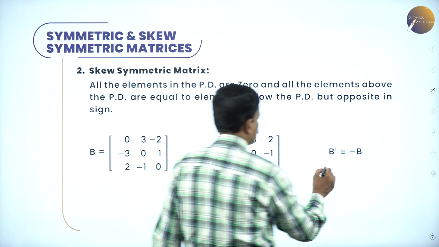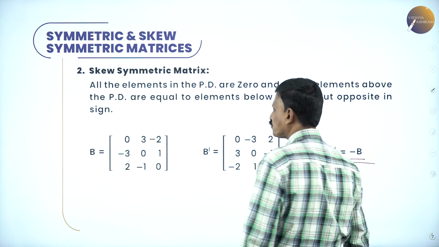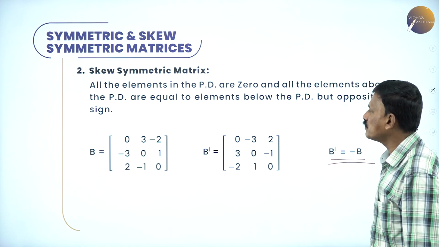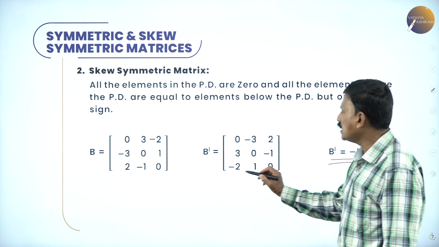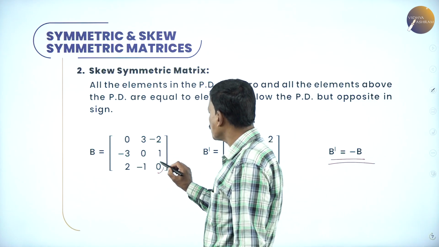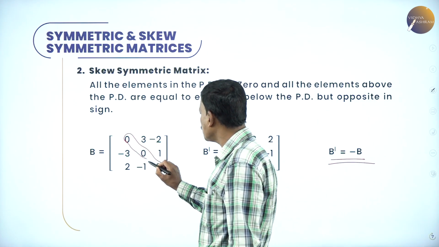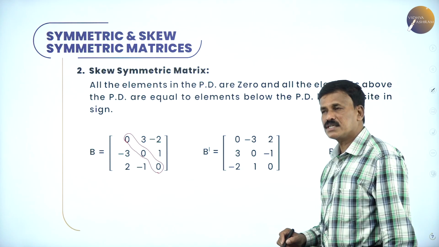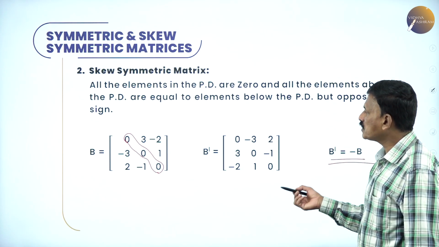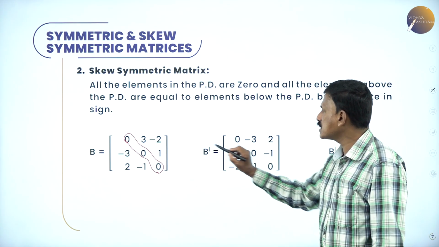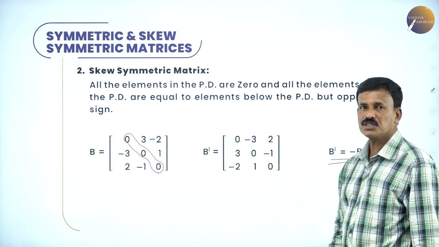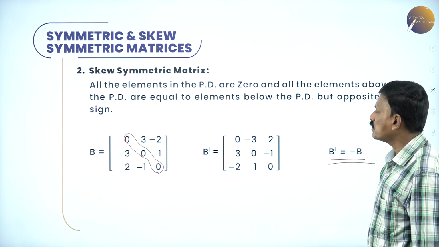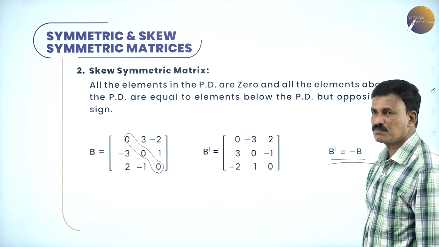So this is B dash is equal to minus B. This is also an example for a skew symmetric matrix. See, all the elements in the principal diagonal are zeros, and other elements above the principal diagonal are equal but opposite in sign. So if you transpose, the plus 3 becomes minus 3, minus 2 becomes plus 2, and plus 1 becomes minus 1, so it will convert to the negative matrix. So this is the best example for a skew symmetric matrix.